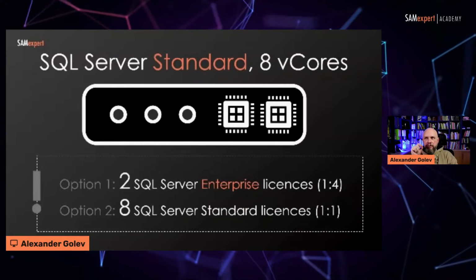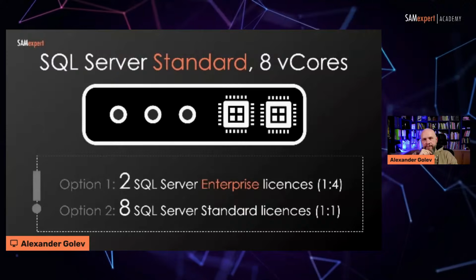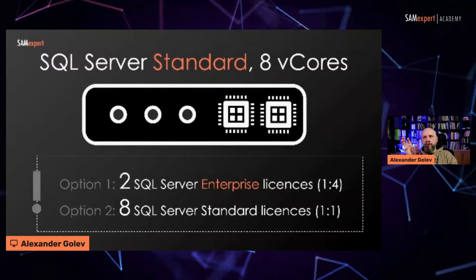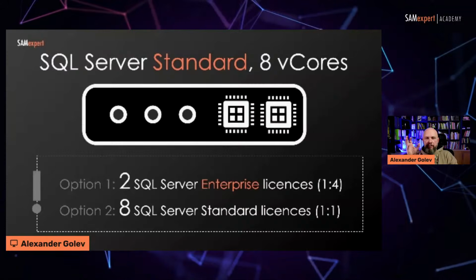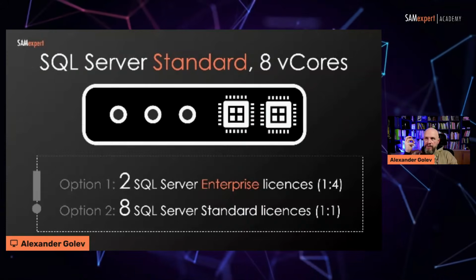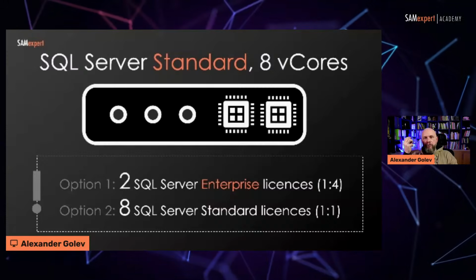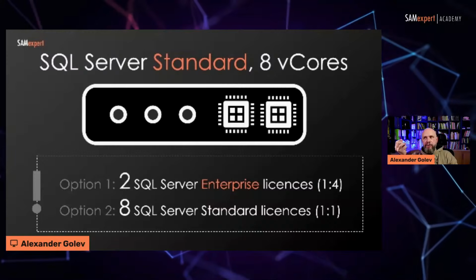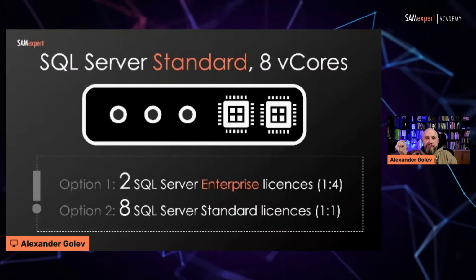It works backwards with SQL Server Standard. So for this machine, I would say the default option is option number 2, the straightforward option. This is the SQL Server Standard instance, so you assign 8 licenses of SQL Server Standard to that machine.